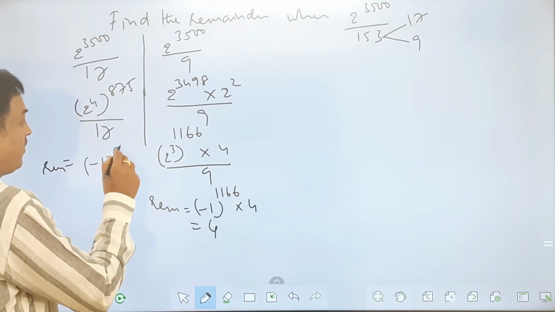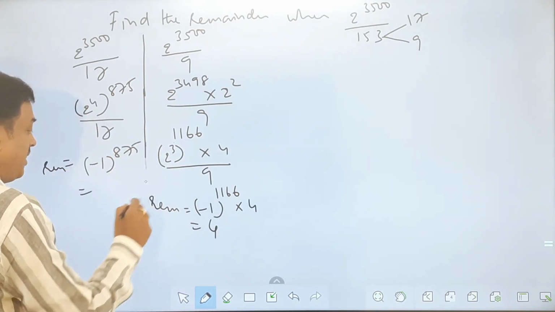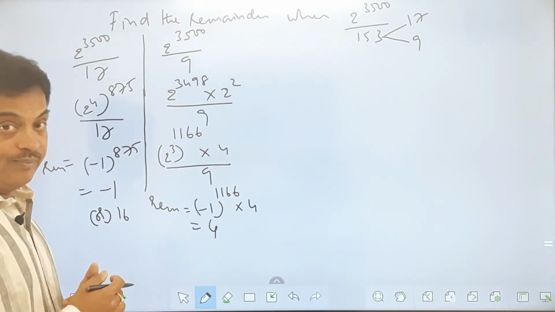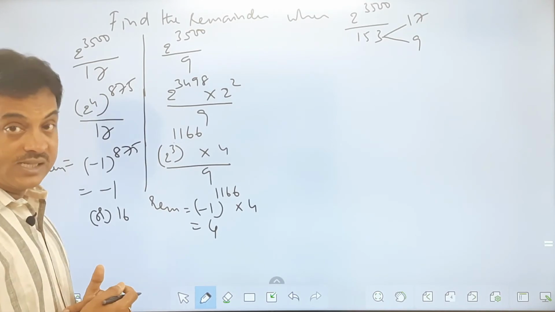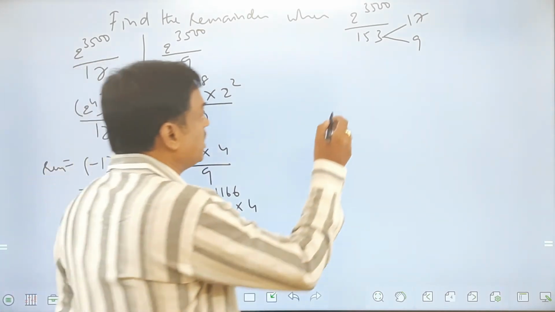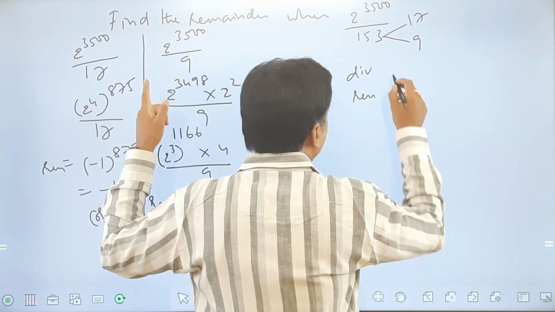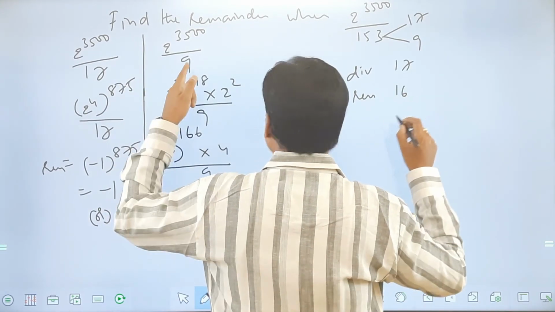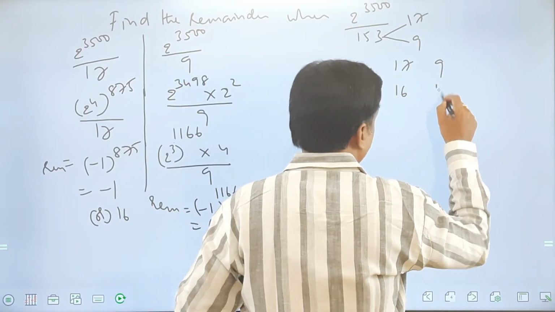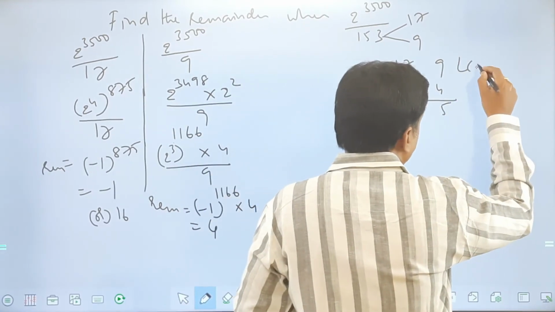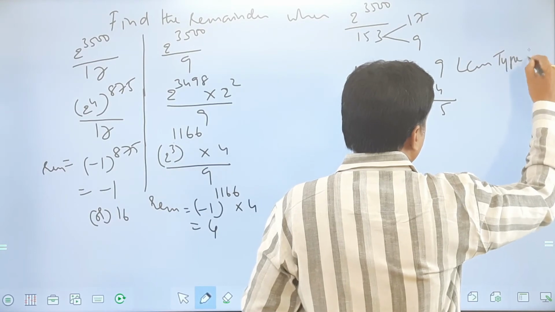Minus 1 to the power of 875, ultimately minus 1, or can be taken as 17 minus 1, 16. So when the divisor is 17 I got 16, when the divisor is 9 I got 4, and the differences are not the same, so I should take the LCM type 3 model.